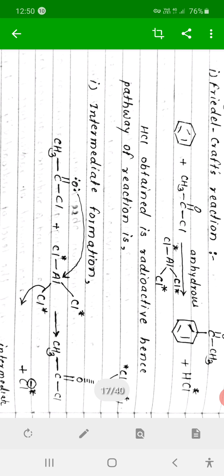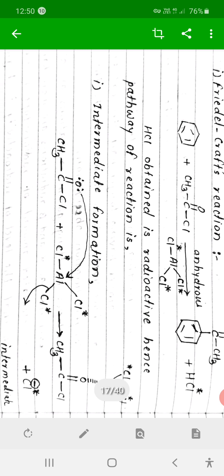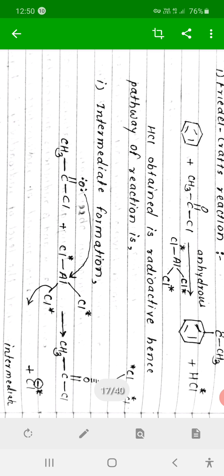For that purpose, if we label aluminum chloride, if we take anhydrous aluminum chloride with labeled chlorine atoms, that Cl atom is labeled, that is, a radioactive isotope is used.